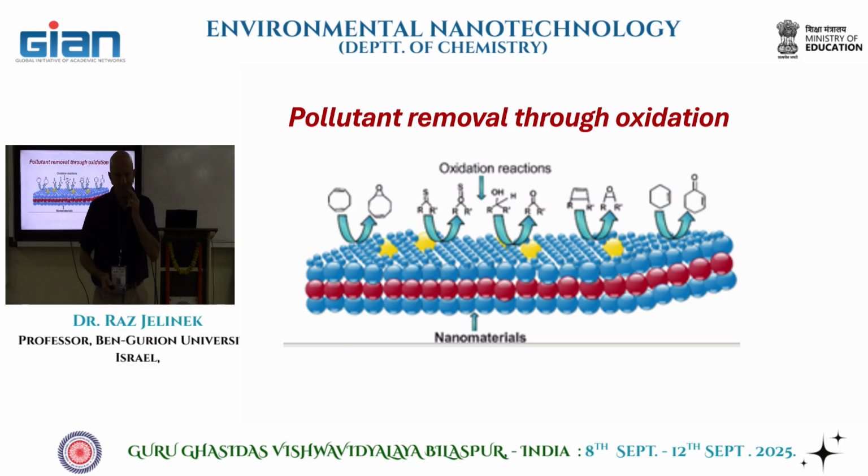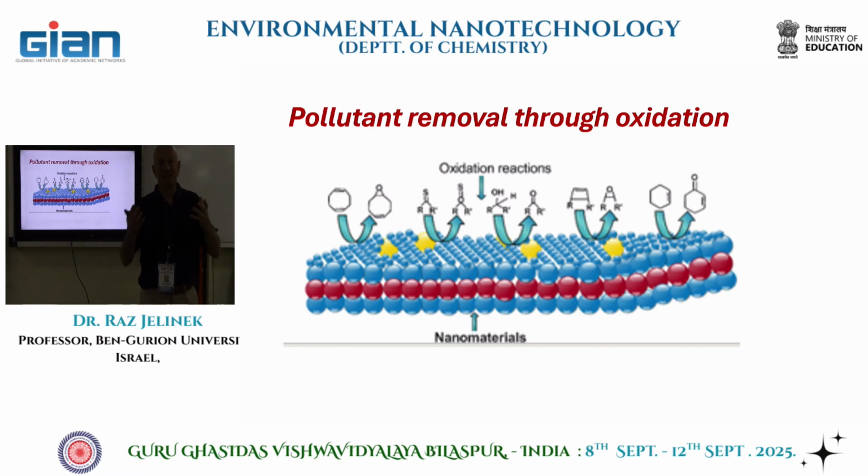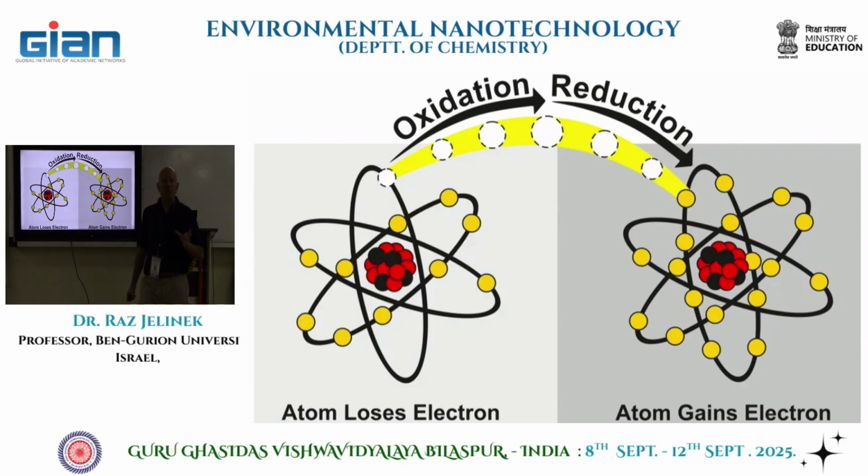Oxidation. In many cases, you can take nanomaterials which will oxidize pollutants. Now, what is oxidation? For those of you who are not familiar with oxidation reduction, these are very important chemical reactions in which electrons go from one molecule or from one species to another species. So, for example, we have an atom here.